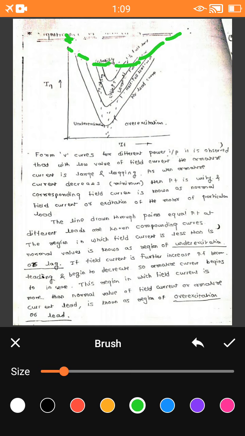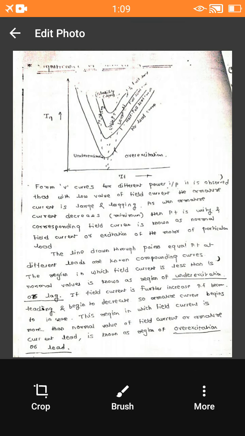This limit is called the stability limit of a synchronous motor. That's why the significance of the V and inverted V curves is very important in the case of a synchronous motor, and why it carries much more weightage in understanding synchronous machine concepts.